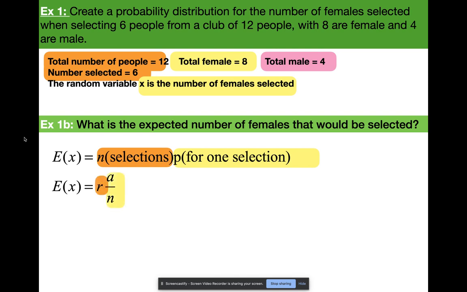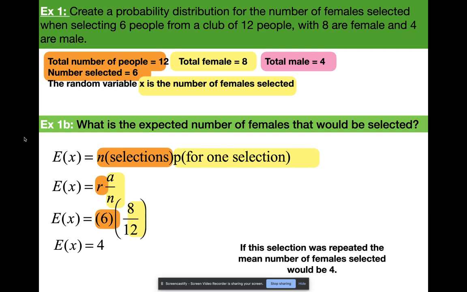A is the number of females that exist, over the number of total people that exist. So then you end up getting 6 times 8 over 12. Again, 6 is the total number of people selected, and 8 is the total number of females out of 12, the total number of people, which equals 4.